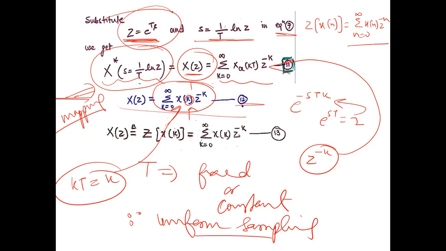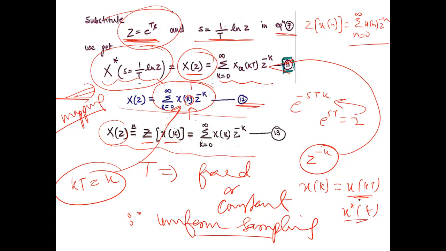So this equation number 12 can also be written as equation number 13. So we have X z, which is nothing but Z transform of a sequence x k. So x k is equal to x kT for fixed T, and x kT can be written as x star t, and x star t is the impulse modulated sequence, right?